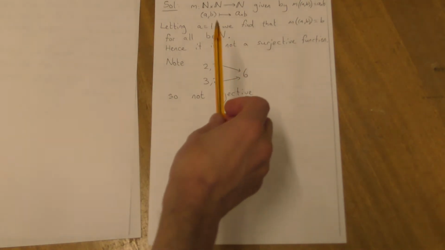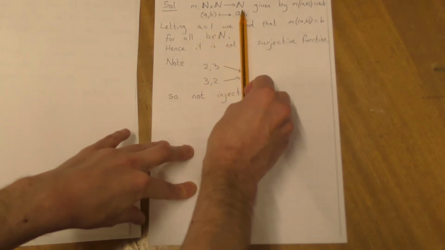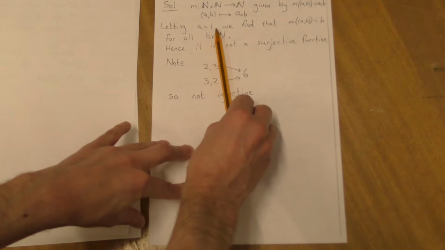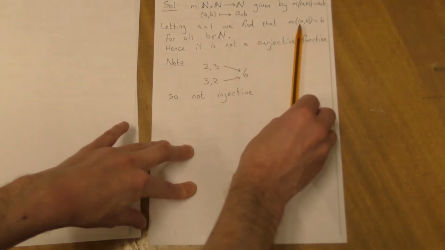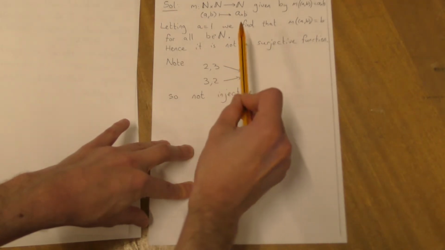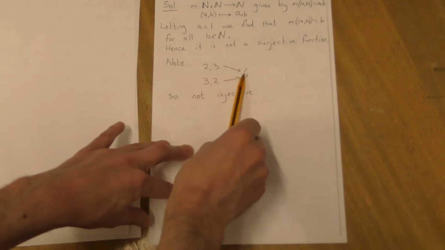So now let's look at another possible solution. Again, the map is well defined, nicely set up. When we let a equal 1, we find that m of (a,b) is equal to b for all n. Hence, this is surjective. So of course, this is excellent. But what is this?